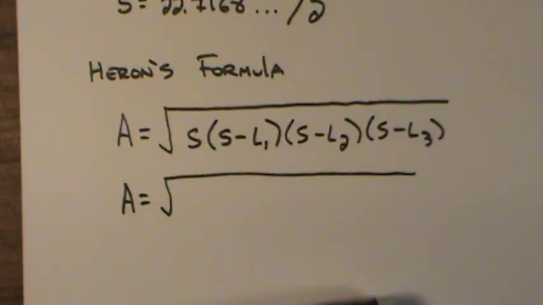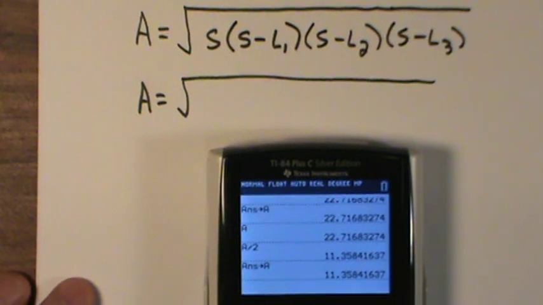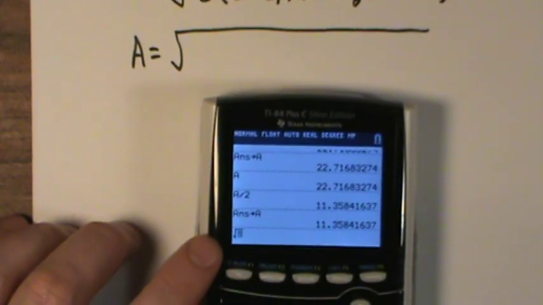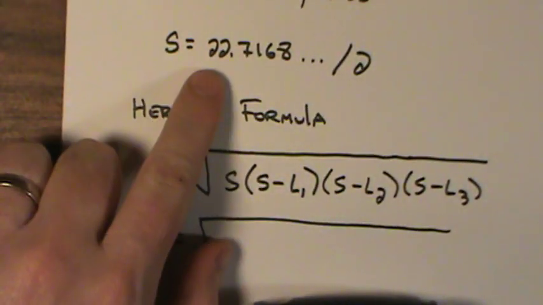Now I'm going to just go back to my calculator. In my calculator, I'm going to have the square root, and then I'm going to do each of these values. Recall that A was where I had my semi-perimeter.